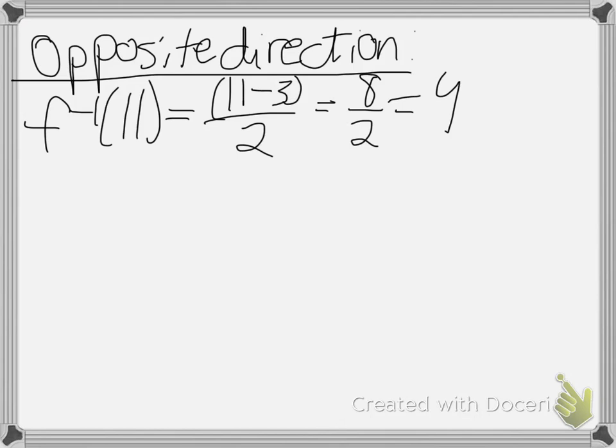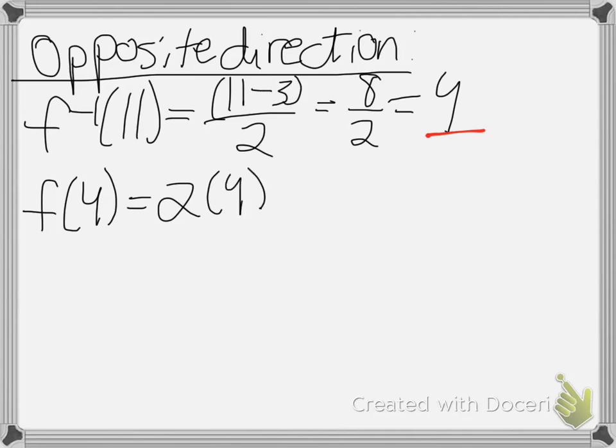So now we plug in this value we got here back into our original function. So we have f of 4 equal to 2 times 4 plus 3. So you would get 8 plus 3 is equal to 11. And look at that, it worked out.